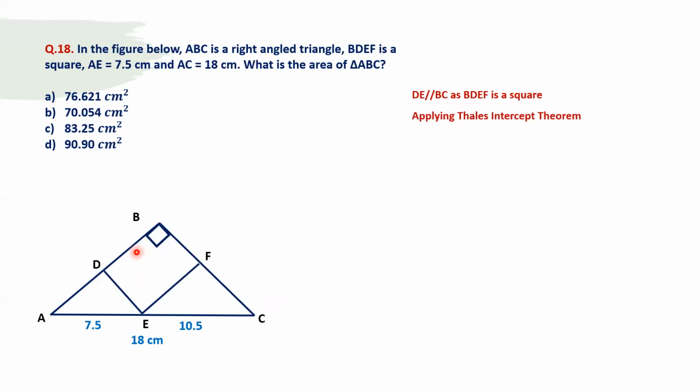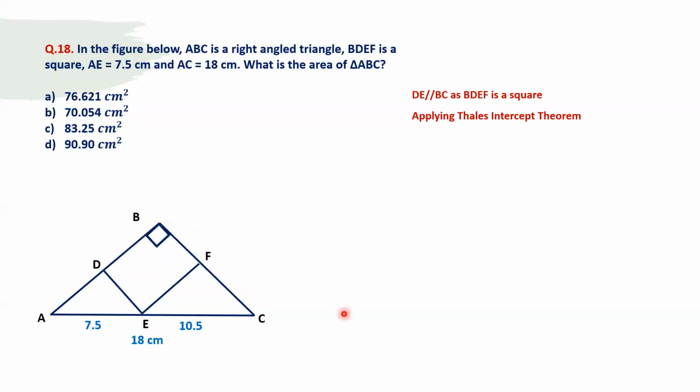Now, if you look at this triangle ABC, this DE is parallel to BC. So you can easily apply Thales intercept theorem, which we had studied in the previous video. So what does Thales intercept theorem say? That if in a triangle, a line segment is dividing two sides of the triangle and is parallel to the third side, then it divides those two sides in the same ratio, and it is also in the same ratio with the third side.